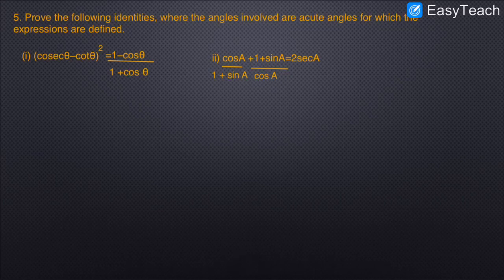This is already the simplest form, right? For cos A we cannot substitute any trigonometric function. That's why I am going to divide by sin A on both numerator and denominator.